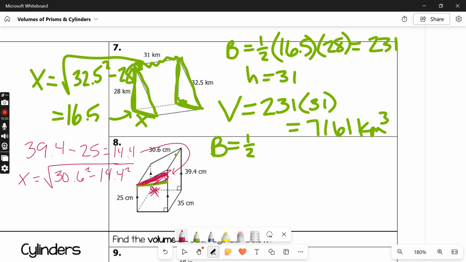Okay, when I do that, I get that my x value is 27. Okay, so that is the height of my trapezoid. And then my height is connecting this 25 and this 39.4.